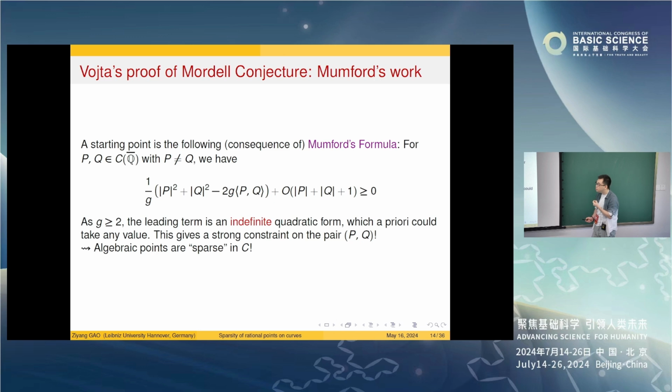So this already puts a strong constraint on the pair P, Q on C. And this is one of the first pieces of evidence that algebraic points on curves of genus at least 2 are sparse.